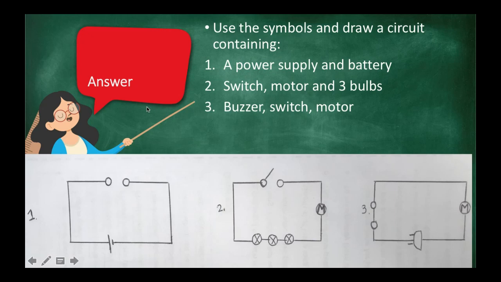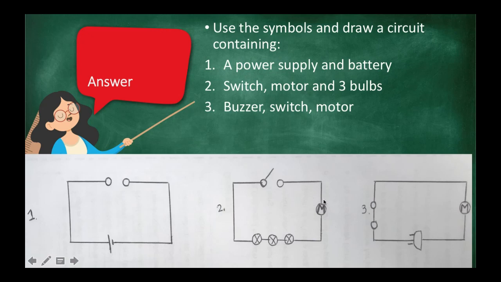Then for number 2, you were asked to draw a switch, a motor, and 3 bulbs. There's my number 2, the picture in the middle. I've got my switch, and remember I said open switch. That's why that line is lifted up a bit just over there. That is my open switch.